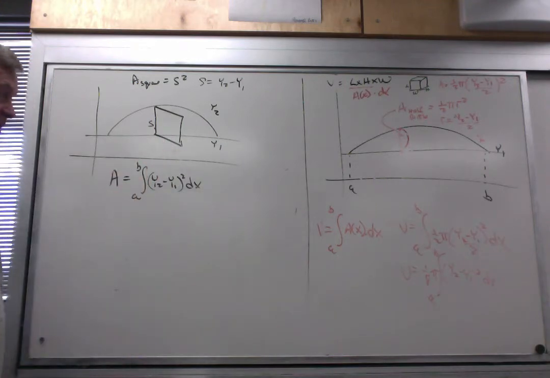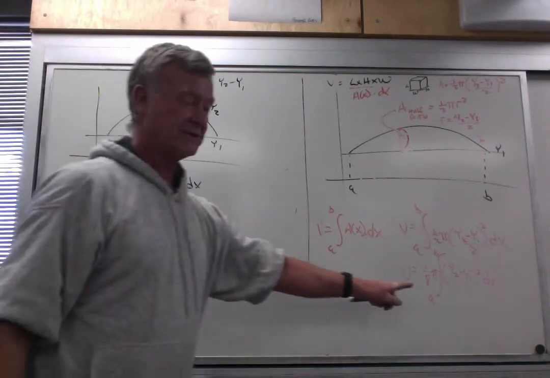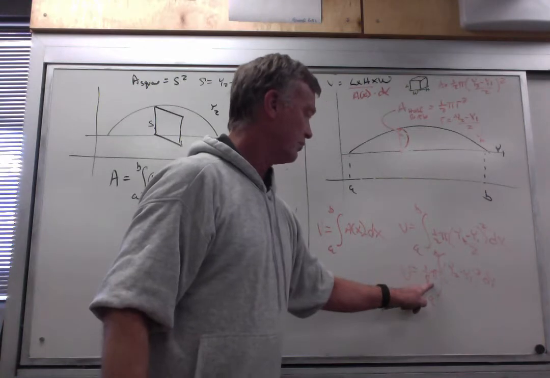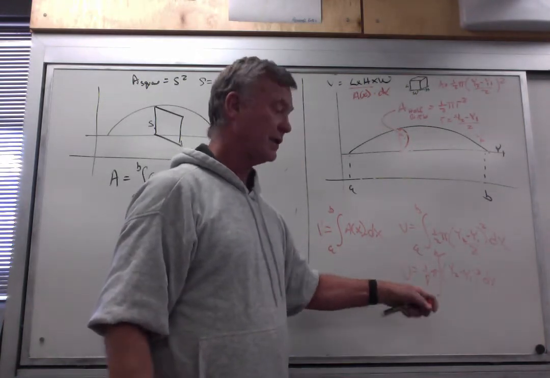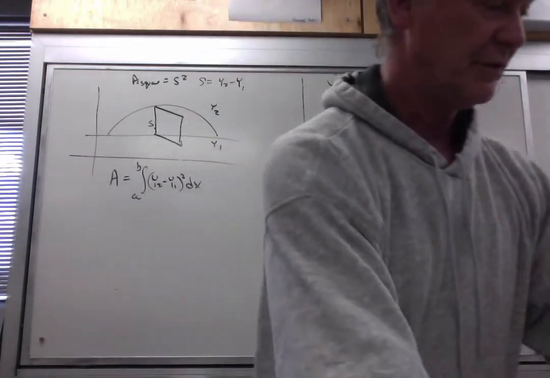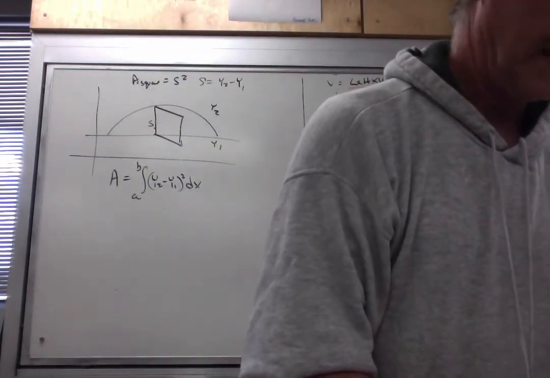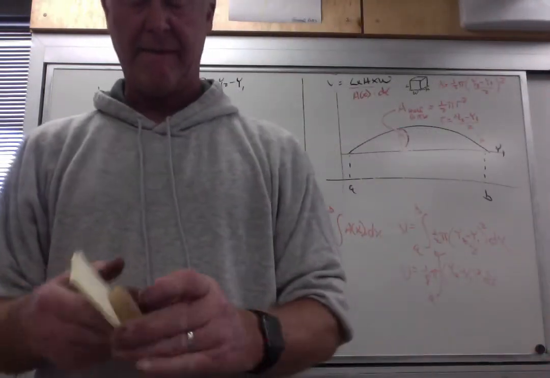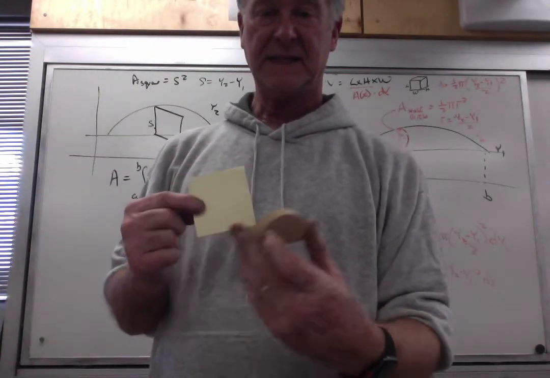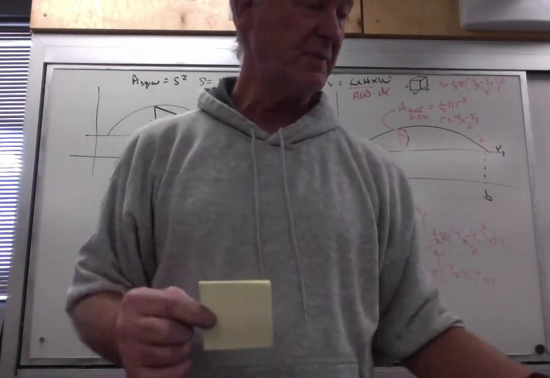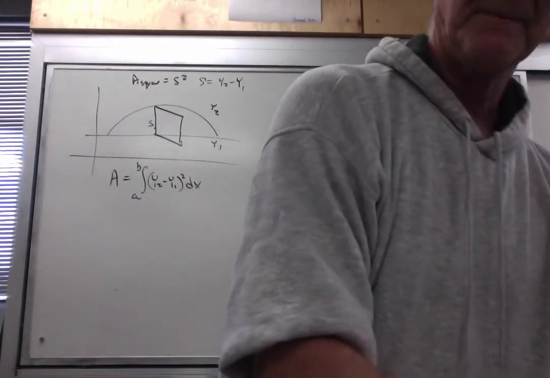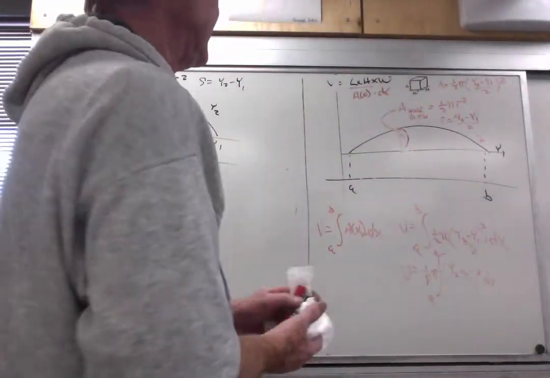By the way, if you look at this, these two are the same, but this is 1/8 pi smaller. 1/8 pi is about 1/3, and it was kind of interesting if you take this and put that, this is about 1/3 of the area of this whole piece of paper, roughly. Okay, so that's the basic idea.